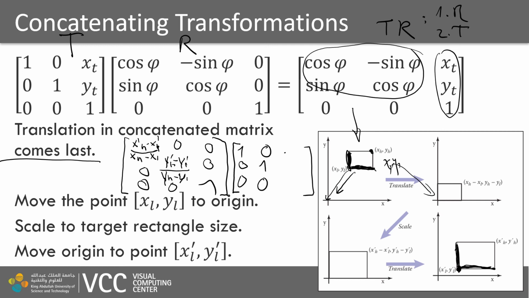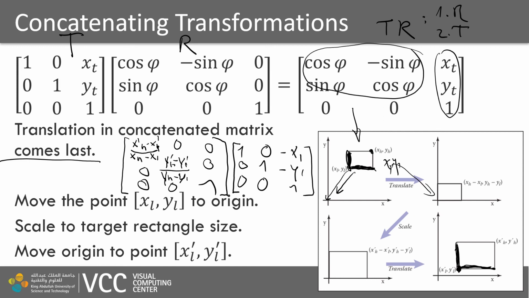And we will have here minus XL, minus YL, and here 1. This will be the translation matrix, which brings us to the origin. And now, look, we would like to have the final position of this lower left corner or point to be at X prime L, Y prime L.